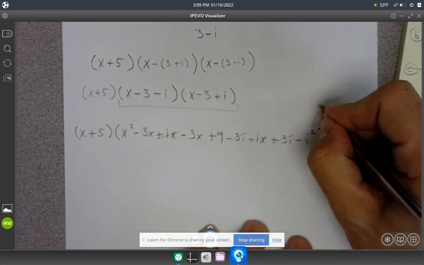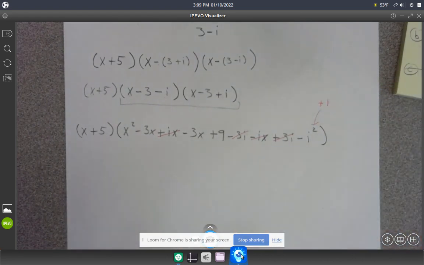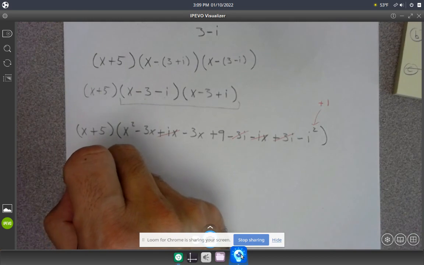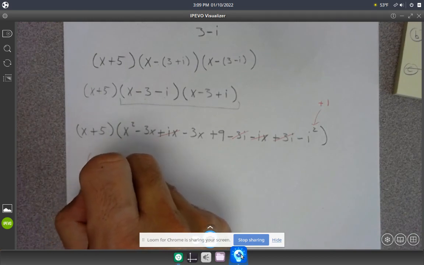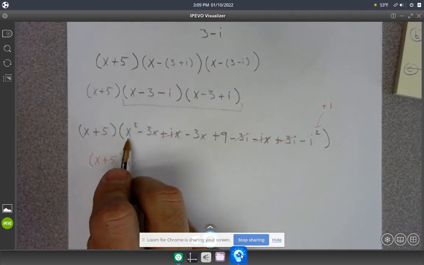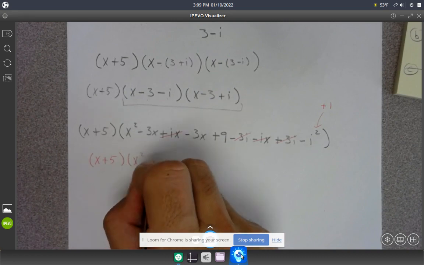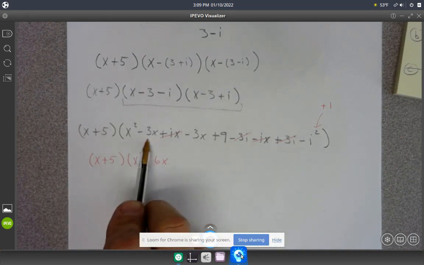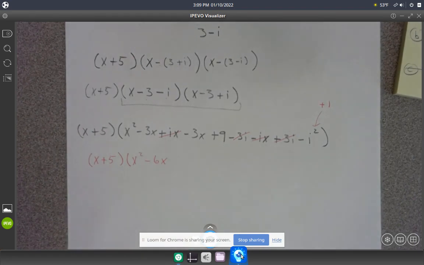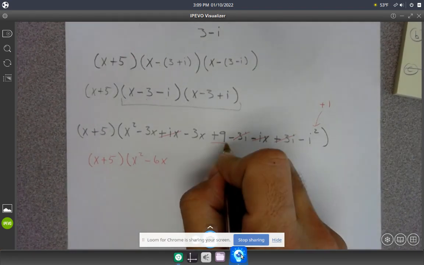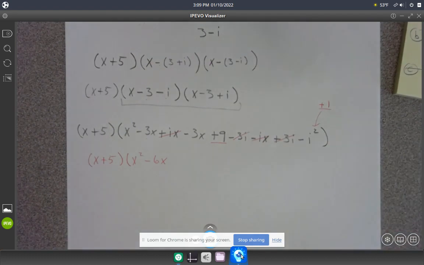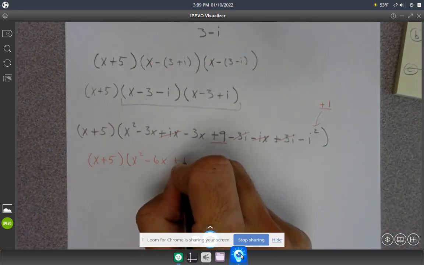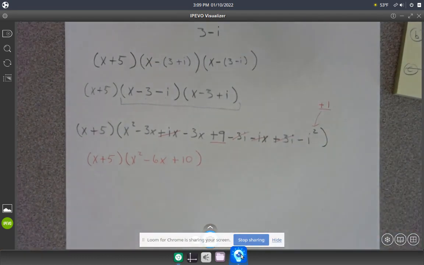So this is like a plus 1 right here. If I write this out, it's going to be x plus 5 times x squared, with a negative 6x from these two, negative 3x and negative 3x. And then these two, the negative 9 and the plus 1, that's going to make a negative 10. Okay, so all the imaginary stuff is gone.